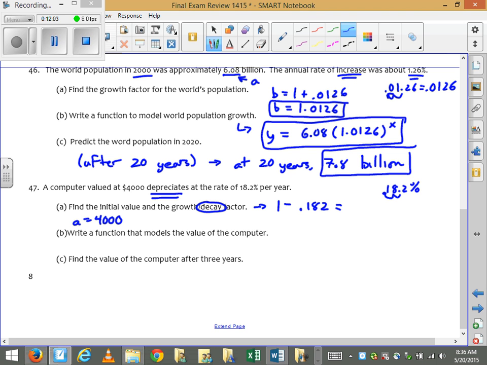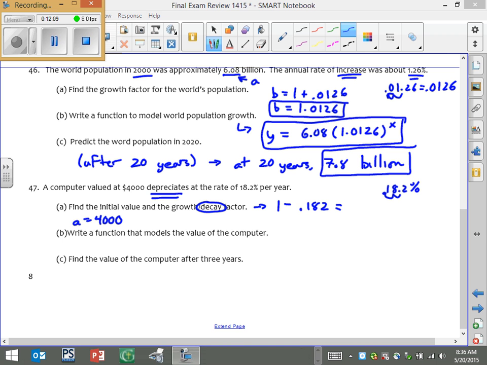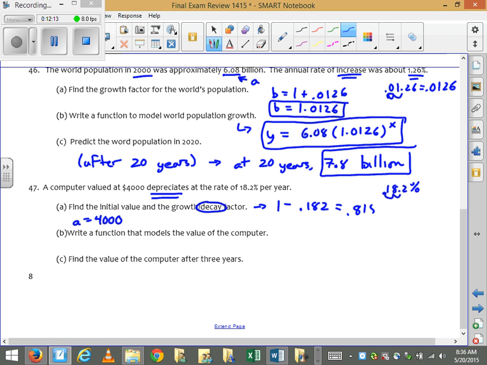So move the decimal over 2 spots to get 0.182. And what that'll end up being is 0.818. So there's your value for B. So the function that models the value of the computer would be 4,000 times 0.818 raised to the x power.